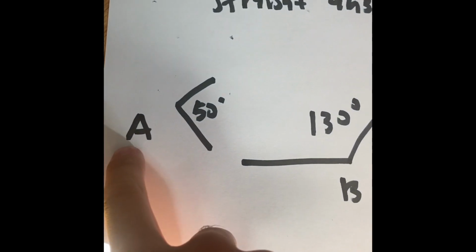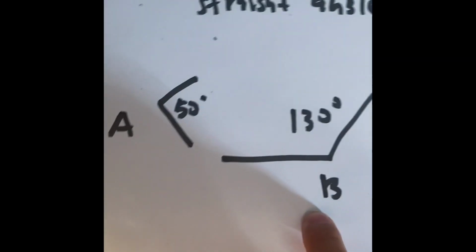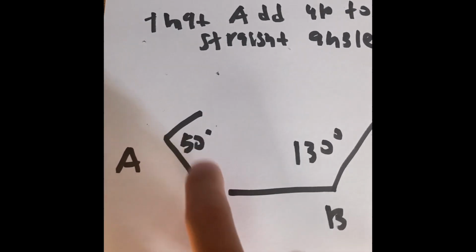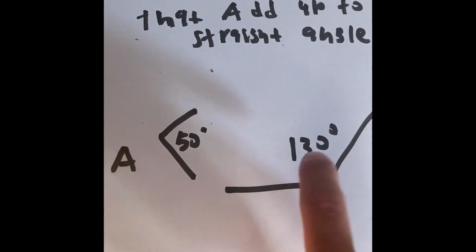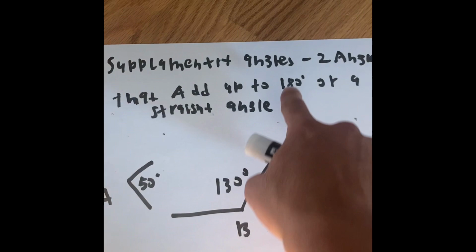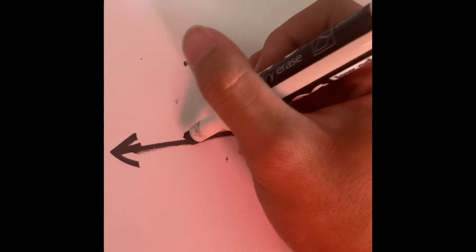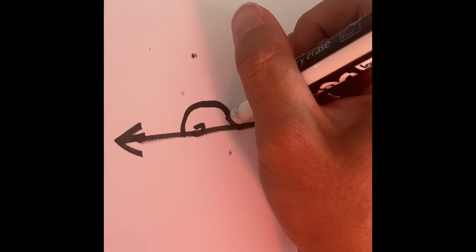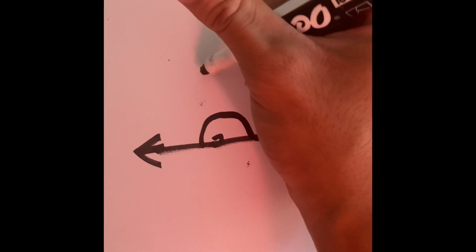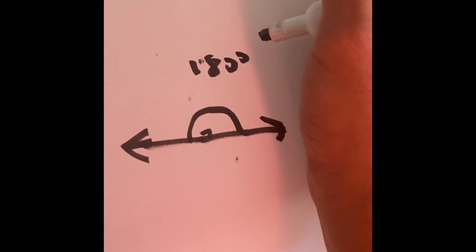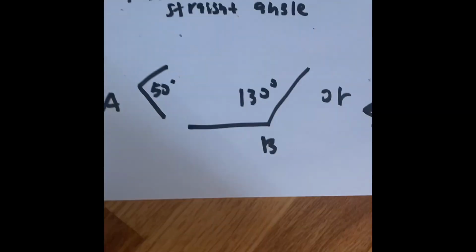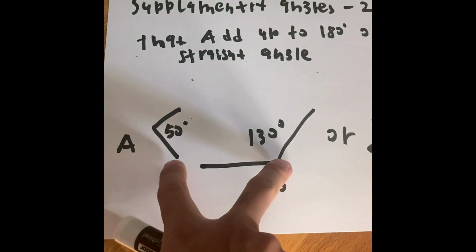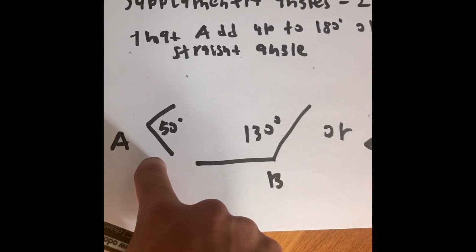We have angle A and angle B. Angle A is 50 and B is 30. And 180 degrees is a straight angle, which is basically this line right here and the dot, going 180 degrees, half of a circle. So these two can be an example because they both add to 180.